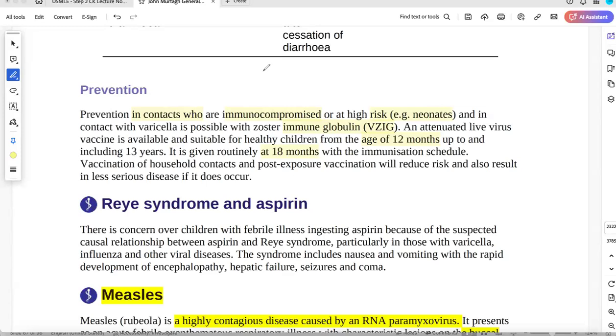Now, first thing is what is index case and what is contact. You have to understand that. Index case is who is already having an infection. And contact is who doesn't have the infection at the moment, but they came in contact with this index patient. So they have a risk that they can catch the infection. Does this make sense?